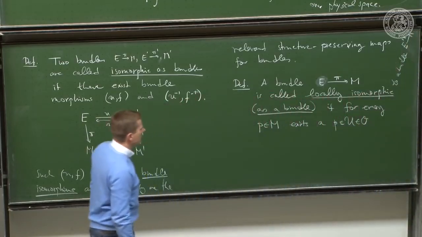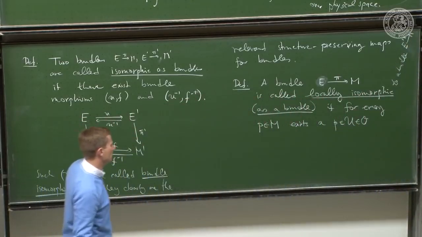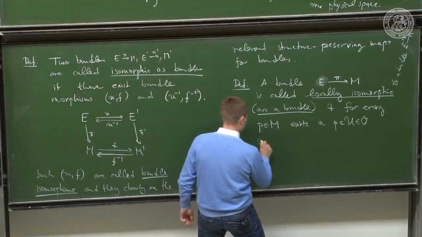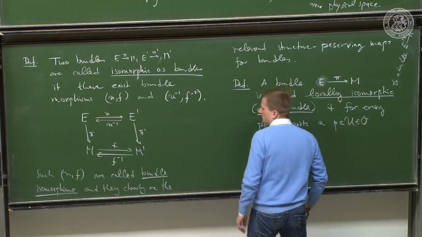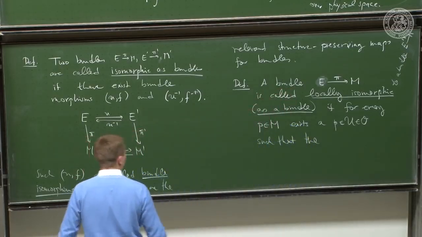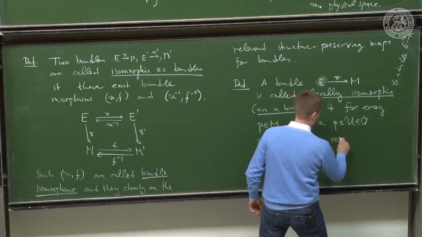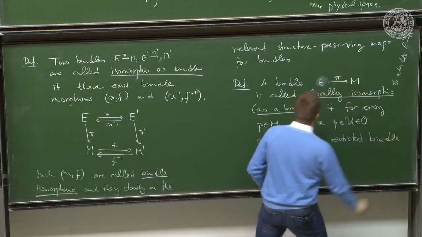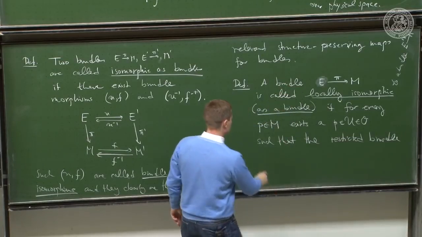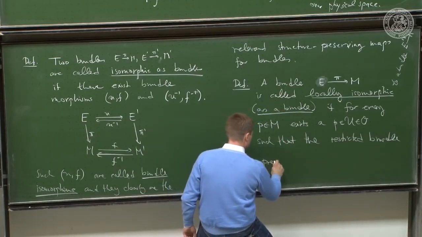If for every P in M there exists an open set U containing P, such that the restricted bundle, so we take the original bundle and we restrict it. So how did we construct this?